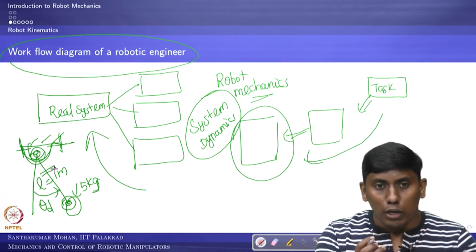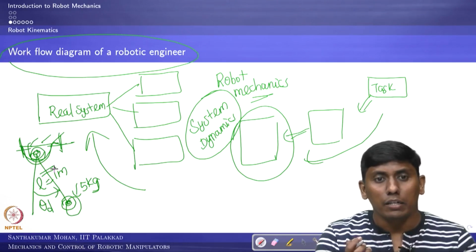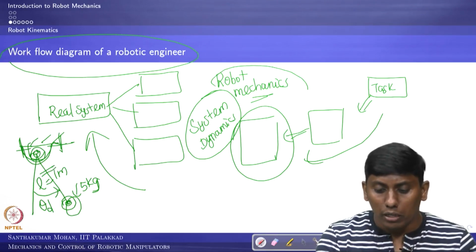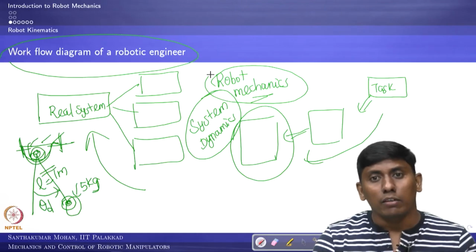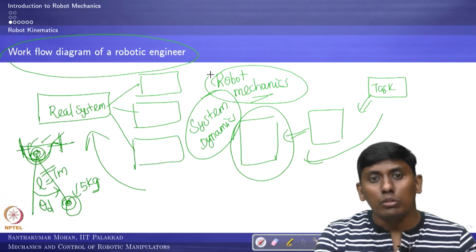You need to fulfill your motion requirement and your structural requirement, so you should know robot mechanics: how manipulators are built and how they achieve motion. You need motion dynamics and structural dynamics, and that is what we are going to cover in this course hereafter.